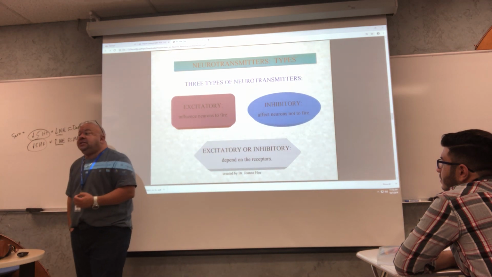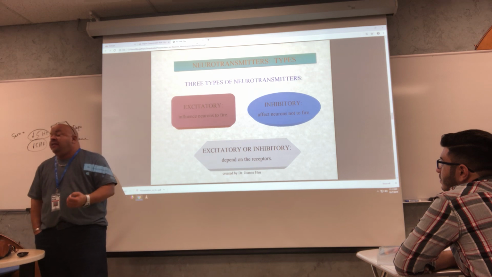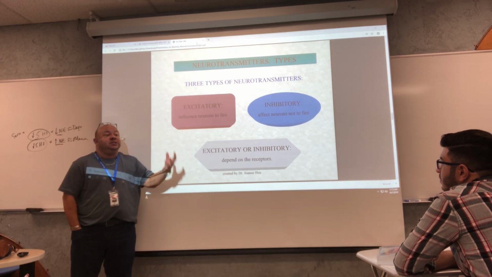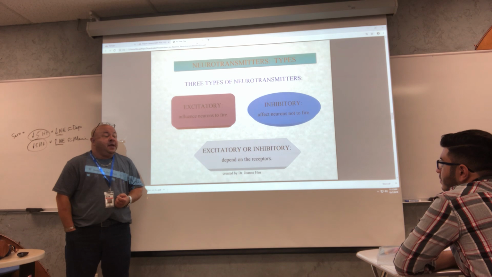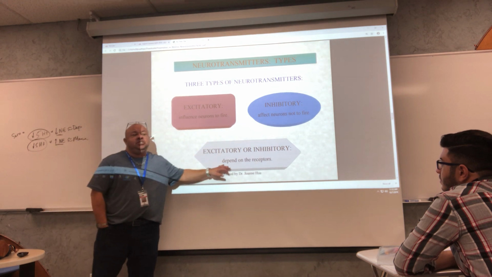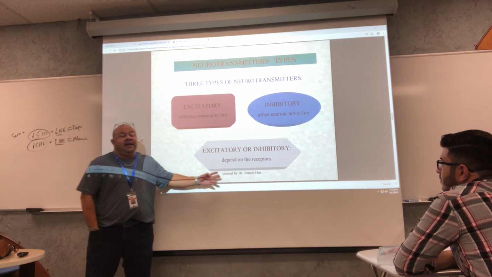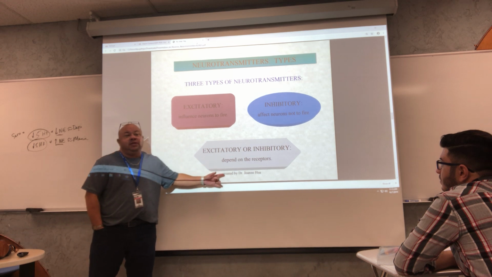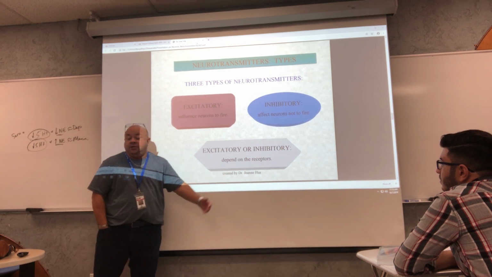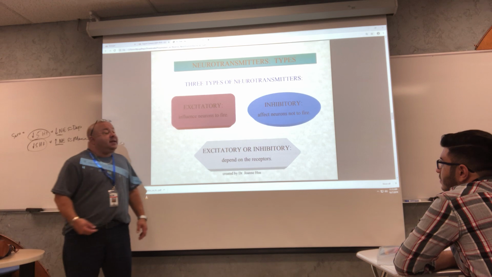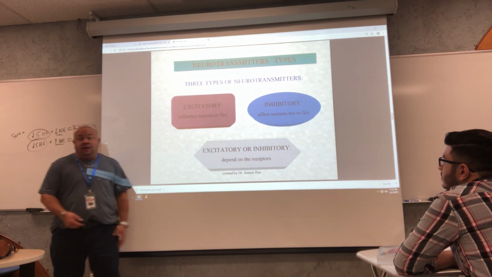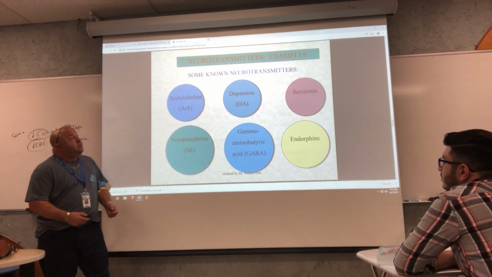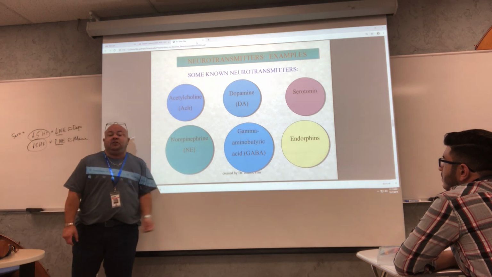And what this means is that when they get to the other neuron, they influence it to not fire, okay? And then some neurotransmitters, it just depends where they land. They can land on some receptors that make it more likely to fire, or some that make it less likely to fire. So the main lecture today will be discussing these various neurotransmitters.